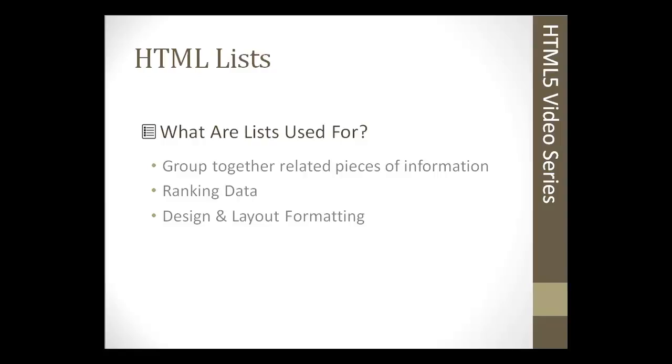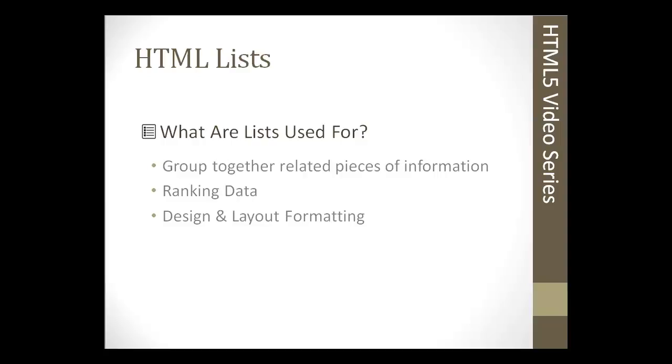Lists are also used for design and layout formatting. Most of the time, probably 90% of the time, a web developer will use a list for a menu. Most menus you see are unordered lists or even ordered lists. Even the menus that are horizontal, they're just styled to look a certain way.